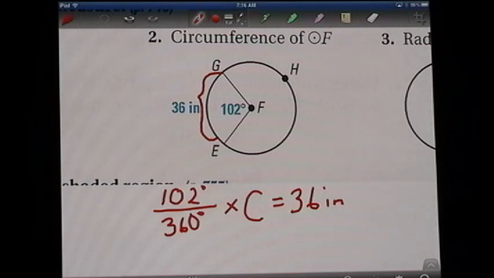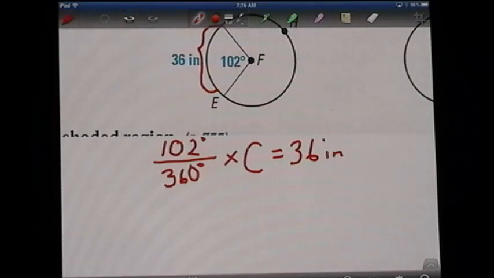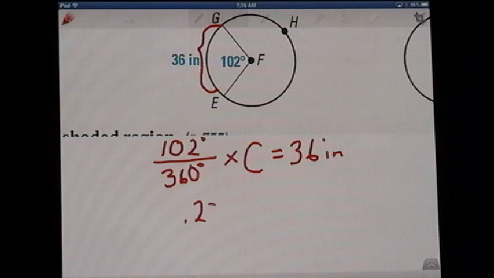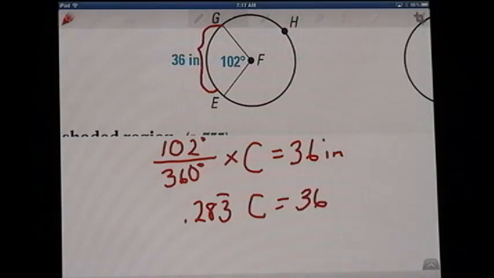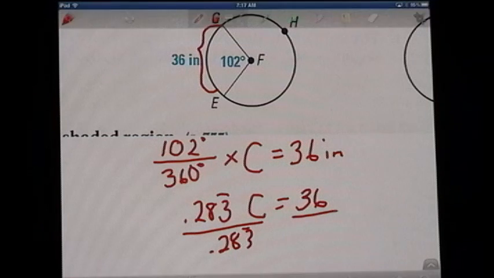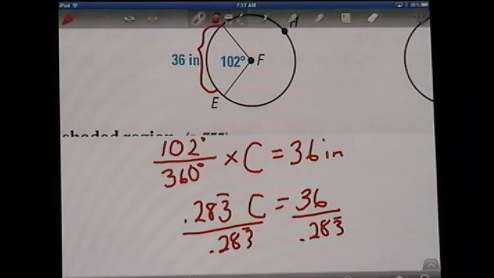102 divided by 360 is the decimal 0.2833, and that's 3 repeating, of the circumference is 36 inches, and then they'll want to divide by 0.283 repeating to find the circumference.